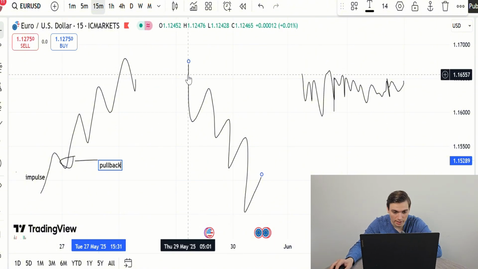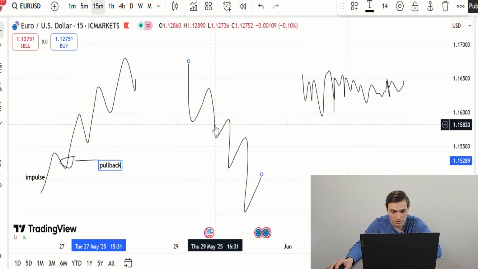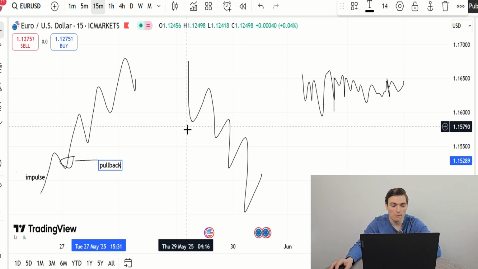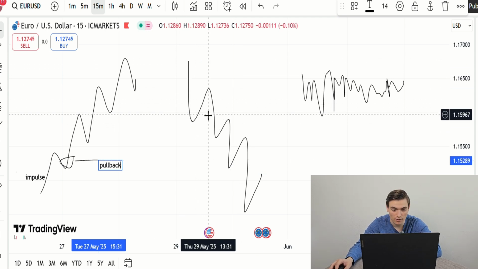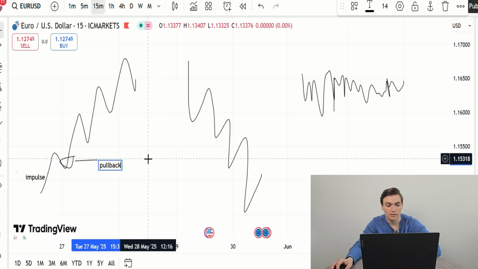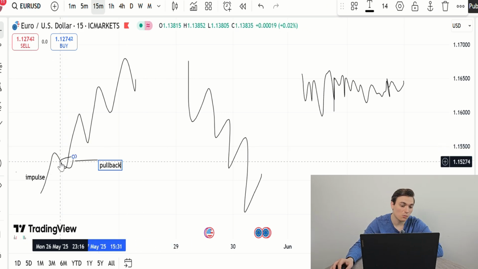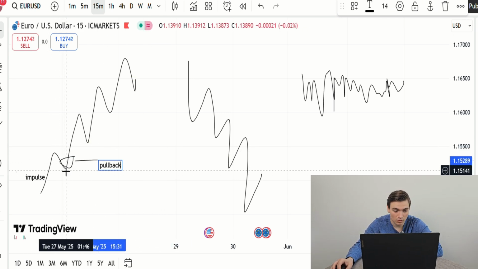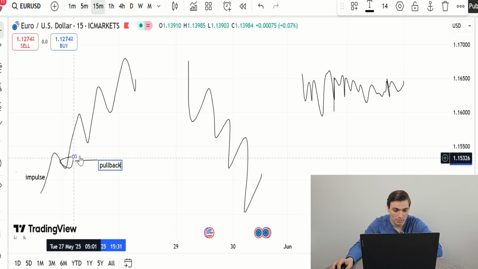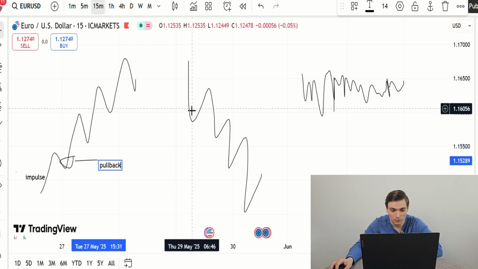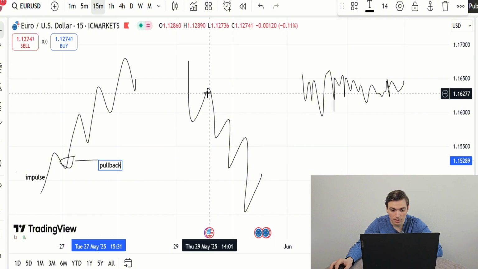Okay. On the other side, in a downtrend, the move down is the impulse, and the move up is the pullback. In an uptrend, you are willing to buy at the bottom of a pullback, and in a downtrend, you are willing to sell at the top of the pullback.